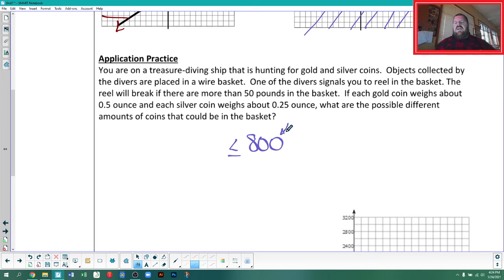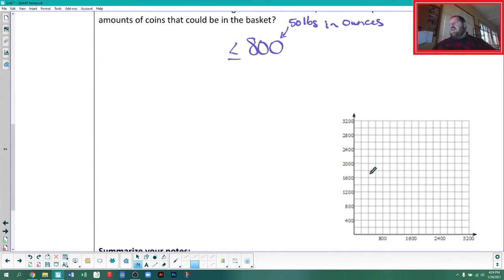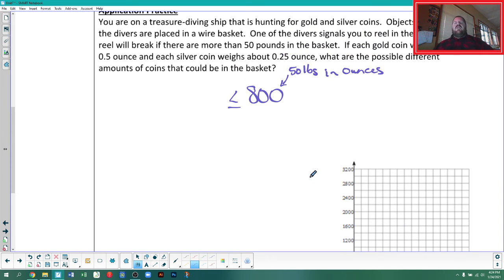And just to remind you that this is 50 pounds in ounces. So that way, I don't have to come up with a smaller decimal for my weight of coins. Okay, and then it also kind of feels like these X and Y values are really made in the ounce category.